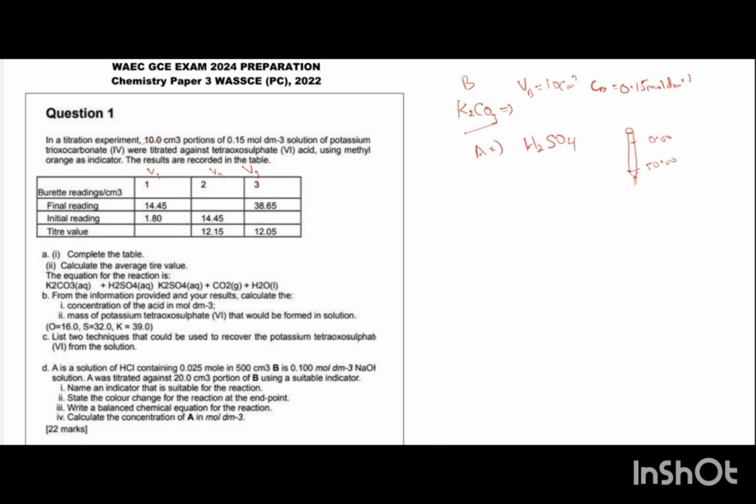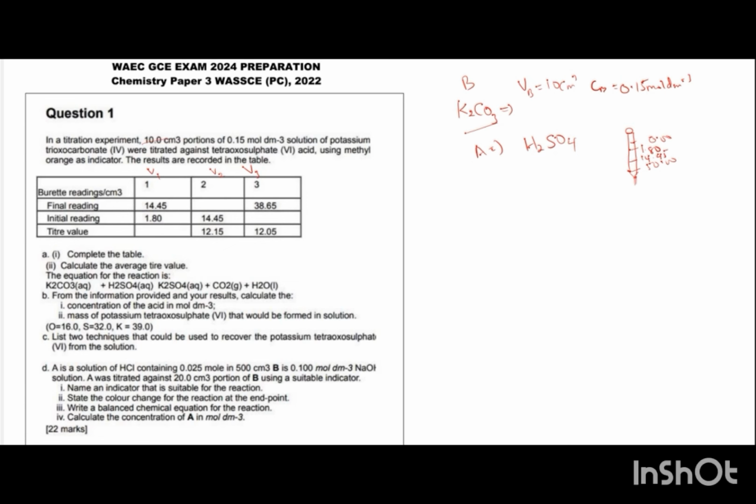So this does not start at a meniscus of 0. It starts at 1.80, so the acid that was poured in the burette starts from 1.80, and the acid that was used is between 1.80 and 14.45.